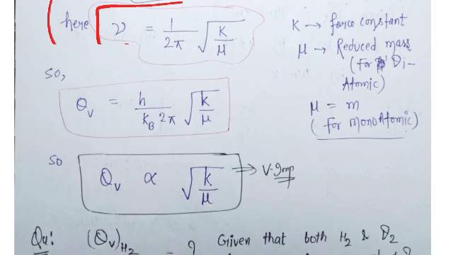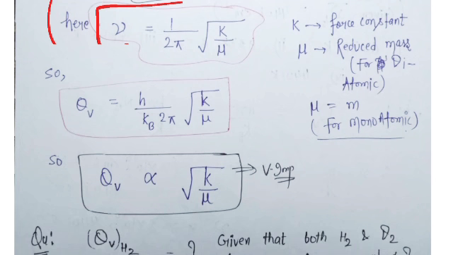The characteristic vibrational temperature is the temperature needed to provide the energy to go from the ground state to the excited state, because that is the energy difference h nu. So to accomplish the energy difference h nu, the temperature required is the characteristic vibrational temperature, and it is directly proportional to under root of k upon mu.